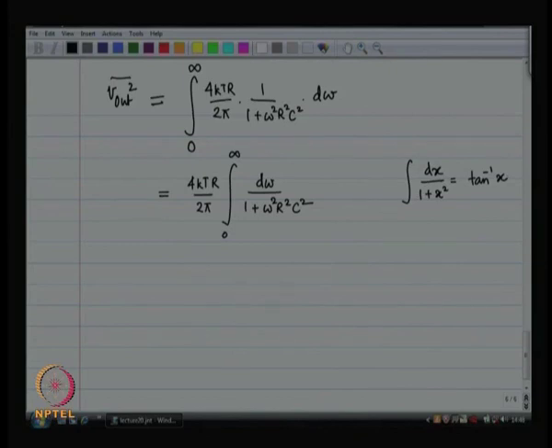Okay, that is what you are going to find. All right. So, let us try to put that in that form. To put that in that form, I have to replace omega RC by x.